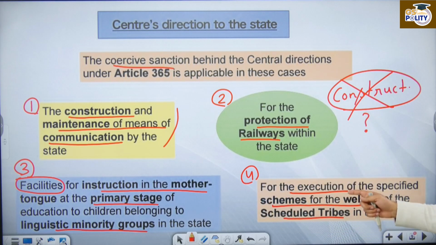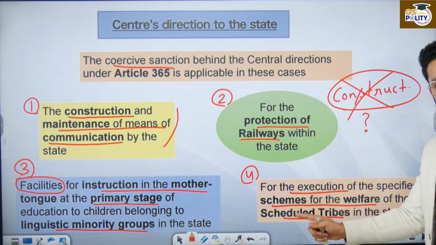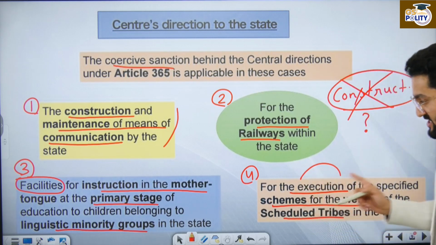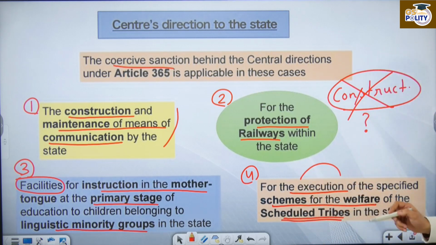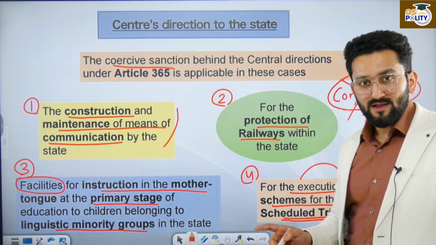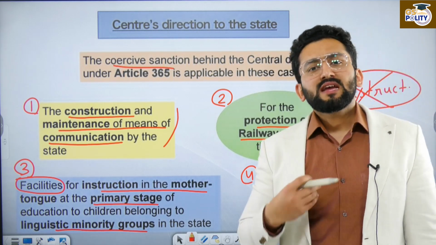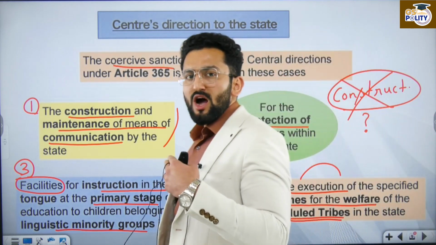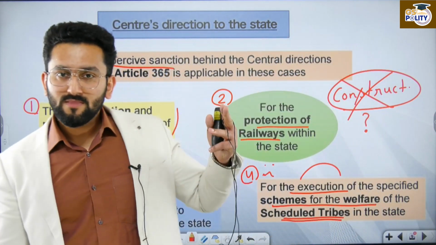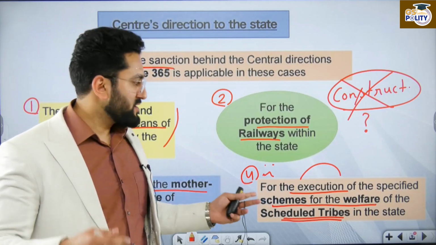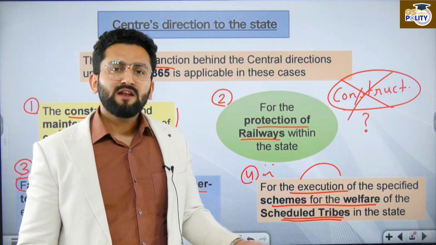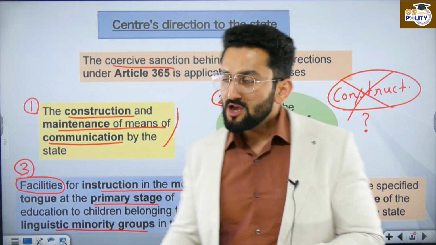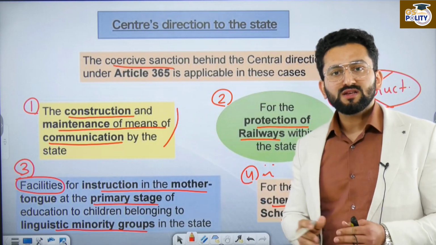Now fourth, for execution of specified schemes, please remember the word is execution, not formation. Execution of schemes for welfare of scheduled tribes. So if the center gives a direction to the state government that you have to make a scheme for scheduled tribes welfare, and the state doesn't comply, do you think that can be considered as a base for coercive sanction under Article 365?